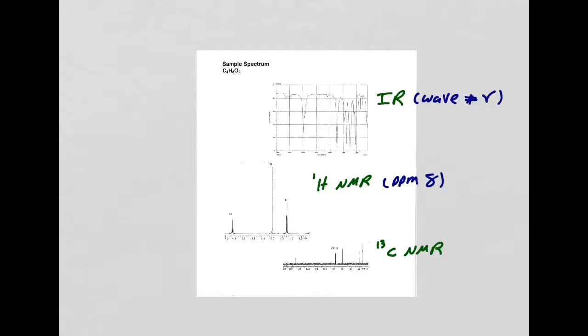That's the chemical shift. So for IR, we have wave number. For Proton NMR or Carbon NMR, we have ppm, parts per million. So far, so good? The point of this page is that when you see a spectrum, you go, oh, this is IR, oh, this is Proton NMR, oh, this is Carbon 13 NMR. I want you to be able to know right away what you are dealing with.